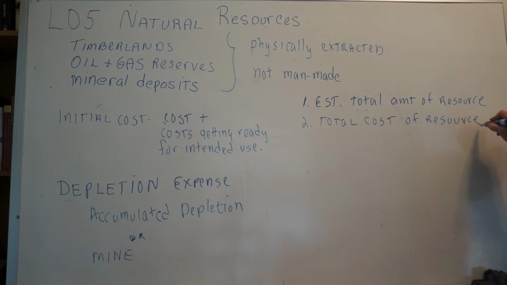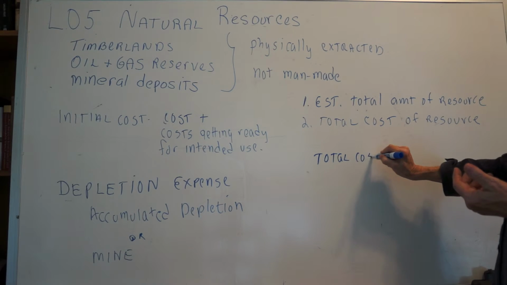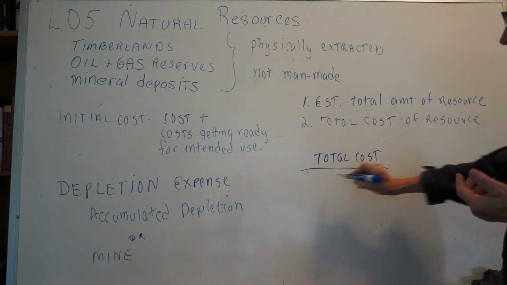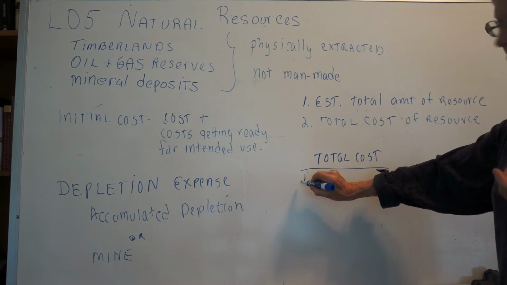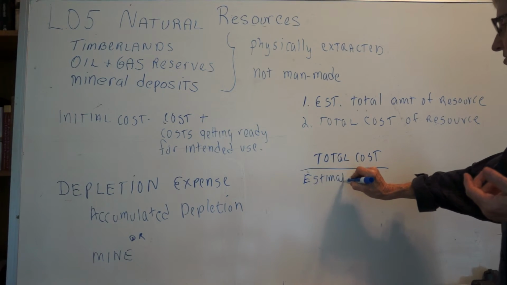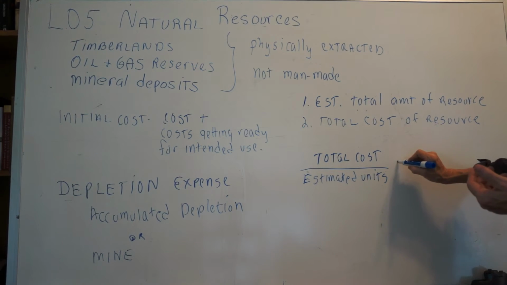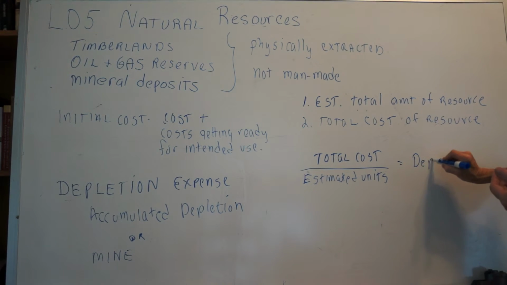Okay, and so what we're going to be doing is we're simply going to take the total cost and divide it by the total estimated units, the estimated units of whatever it is. And that would give us a depletion rate.